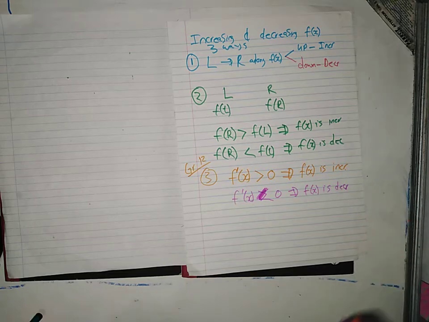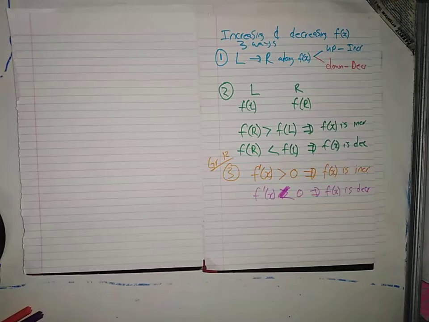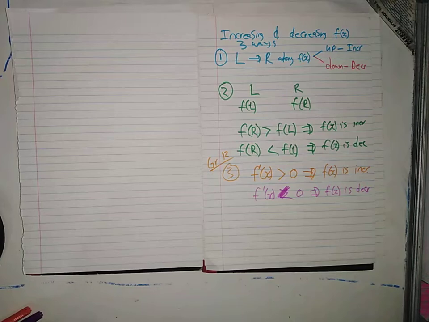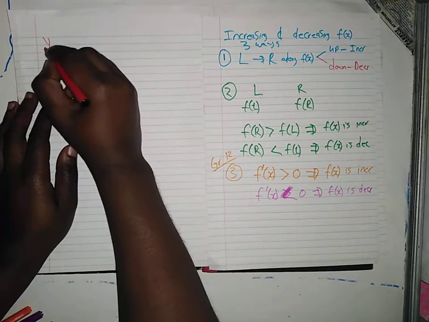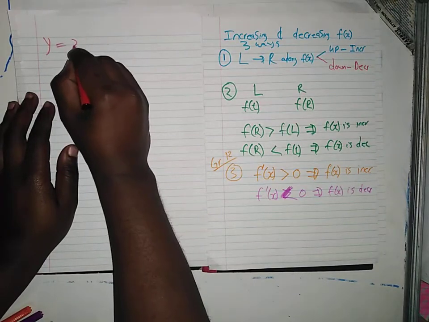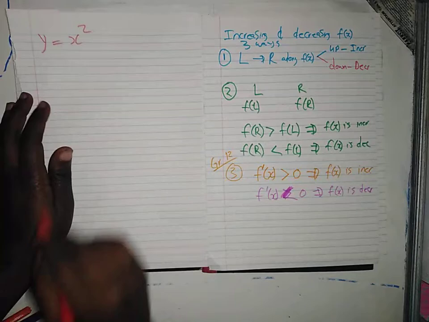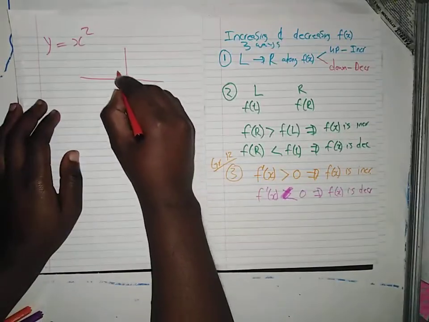So this is our summary. Now, ladies and gentlemen, with this in mind, let us take another graph. Let's take y equal to x squared. We all know that this is a graph that is like this.